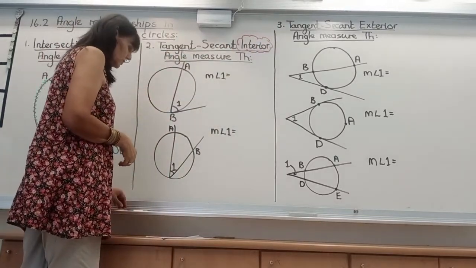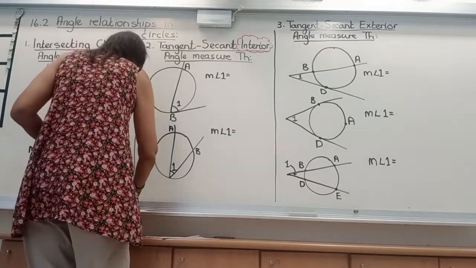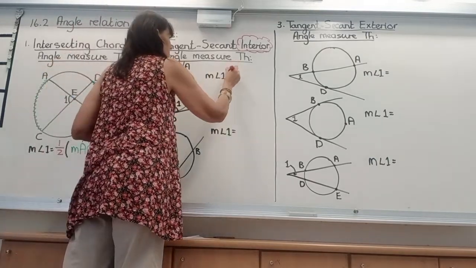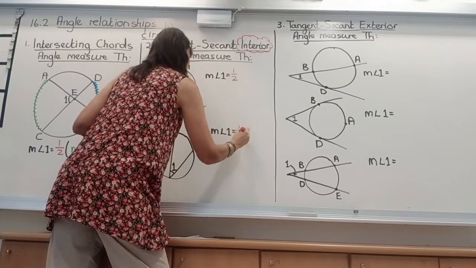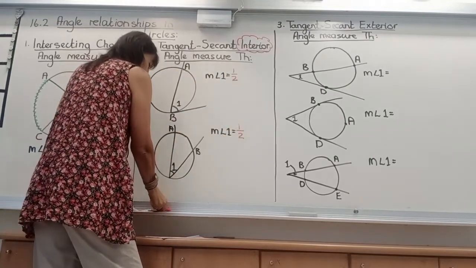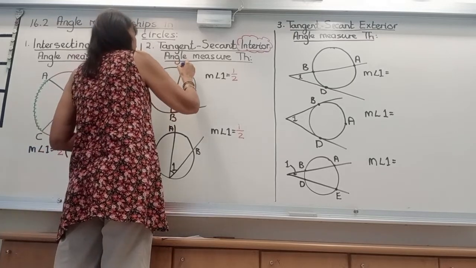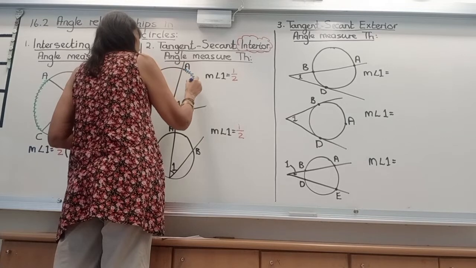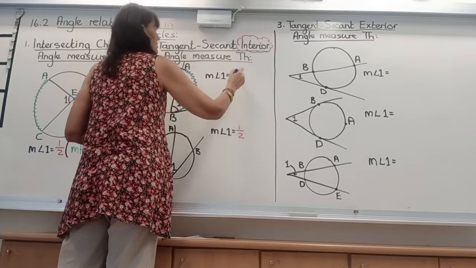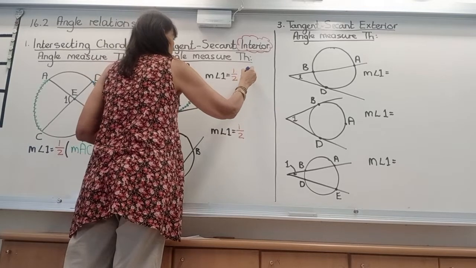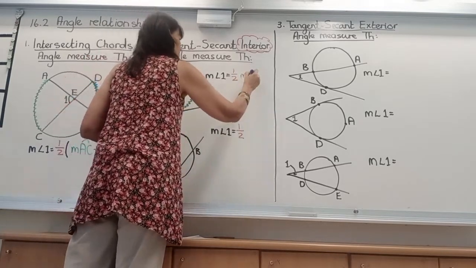And if I want to do this one, we're going to say half again. You'll see every time there's a half. I want to put in my half here already. Every time a half. And in this case, we're going to say half of this arc that subtends the angle. So it's half of the measure of the arc from A to B.